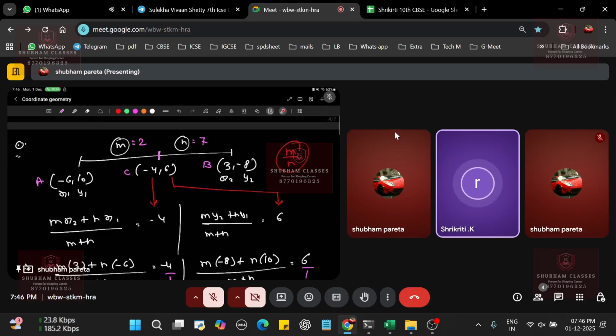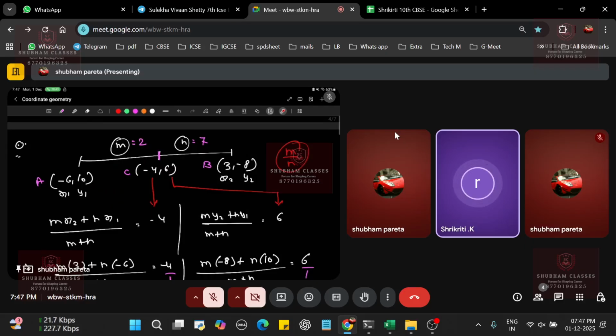Sir, I've first substituted. You've given the values of m and n, and we have the values of x1 and x2 and y1 and y2. So I've substituted. We know that m is 2 and n is 7.